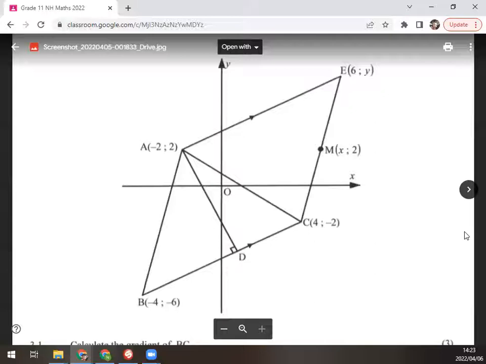Now we need to solve this simultaneously. What is the first step when you solve simultaneously? Isolate one of the variables. Now guys, if we look at these two equations, we already have that in both of them. Both of them already have y isolated. So now we can choose.